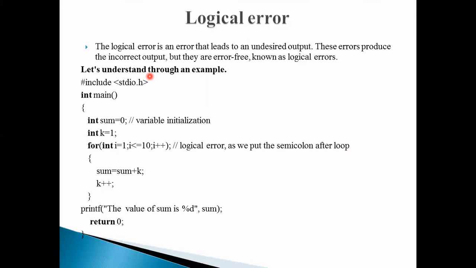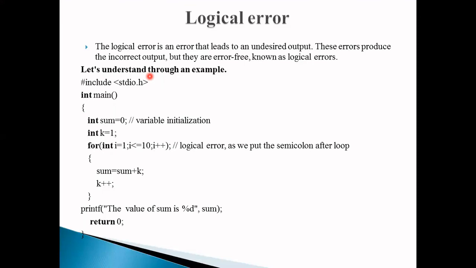The second step is to compile that program, and last is to run that program. When the compilation is successful, after that we run the program. But sometimes compilation is successful and we run the program, but the output is not right, meaning it generates undesired output.